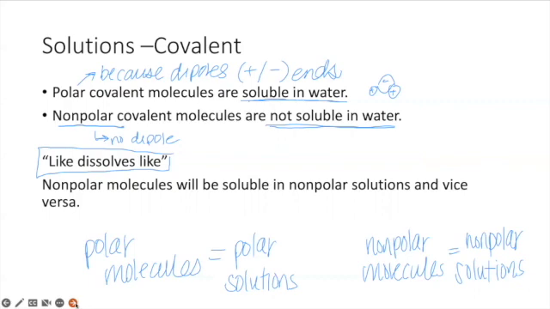So an example, CH4 is nonpolar and is not going to agree with water.